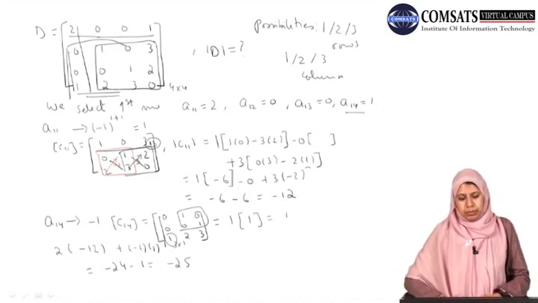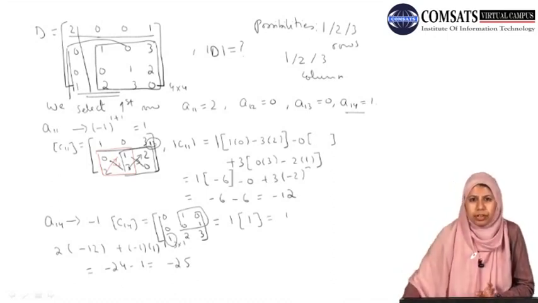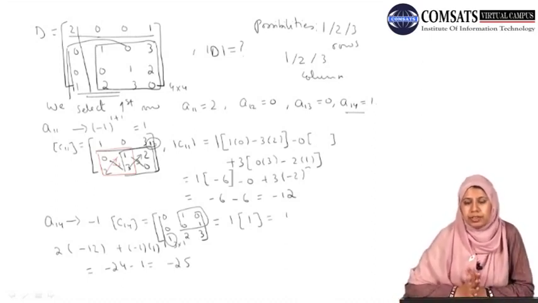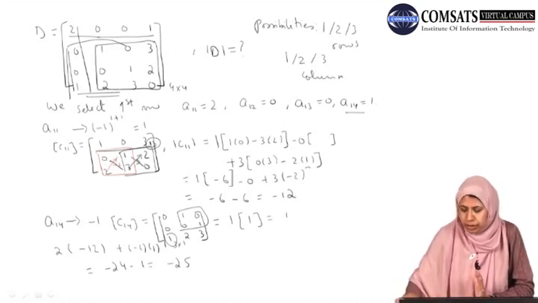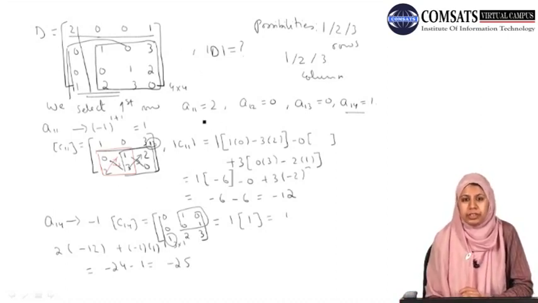So what we have done in this example: we had a matrix of order 4 by 4. We selected the first row. You can select any row or column which has more zeros in it, because this will simplify our work. Then in this case we have to find the cofactors of only two entries, A11 and A14.